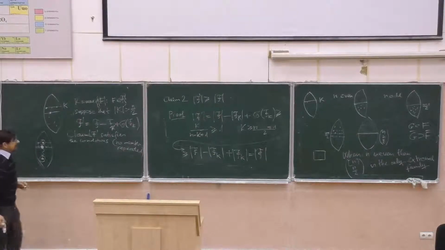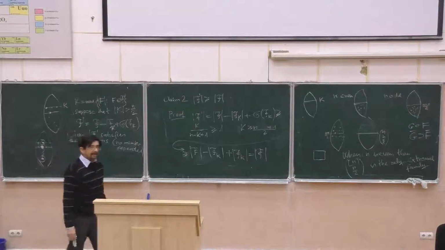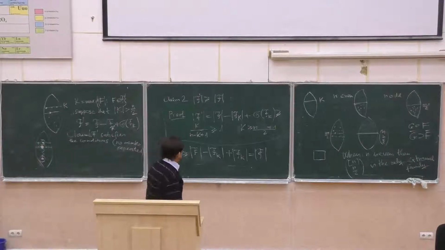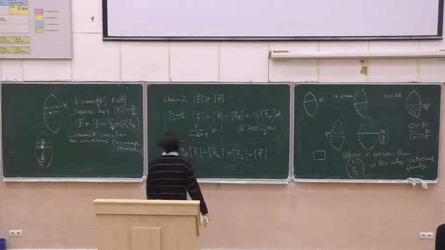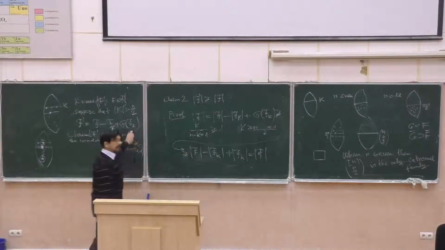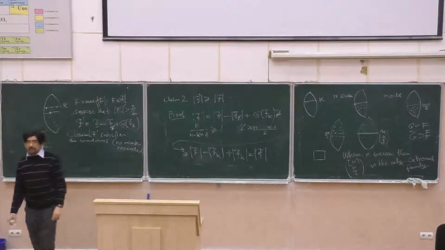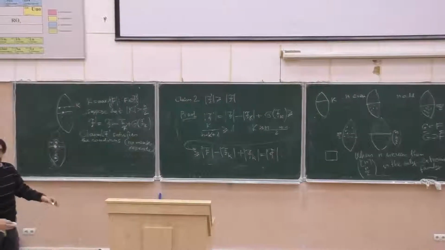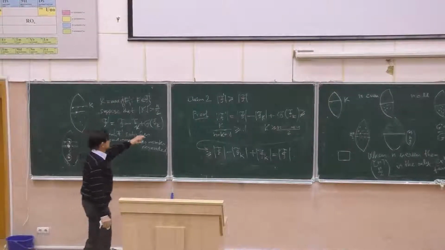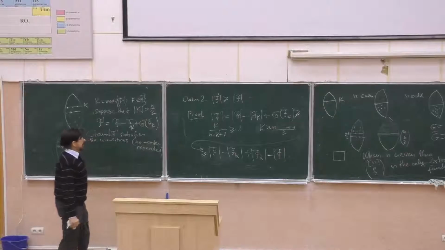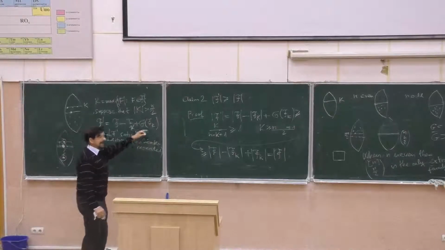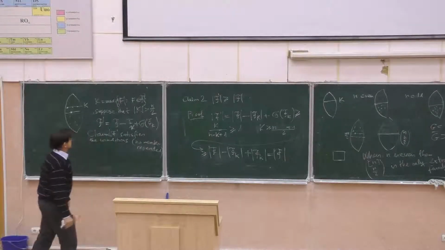So why I showed this relatively complicated proof? Because this concept of shadow is very useful. There are many applications and theorems about it. So it's good to remember the shadow.